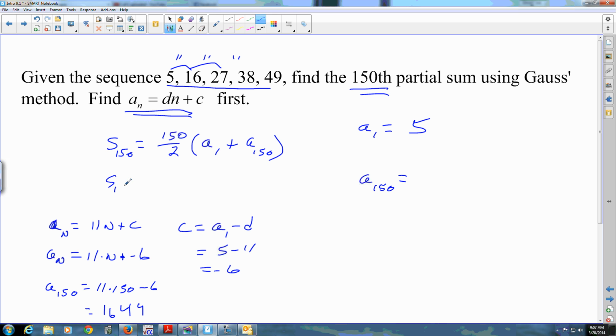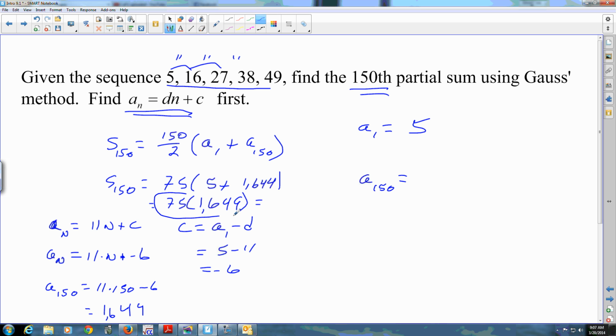So S sub 150 is equal to 75 times your first term plus your last term, so that equals 75 times 1,649, whatever that's worth.